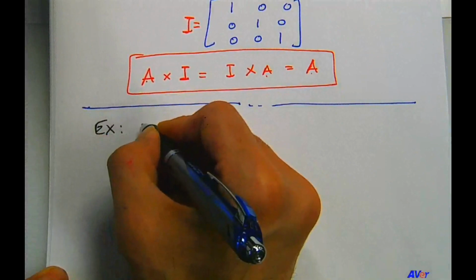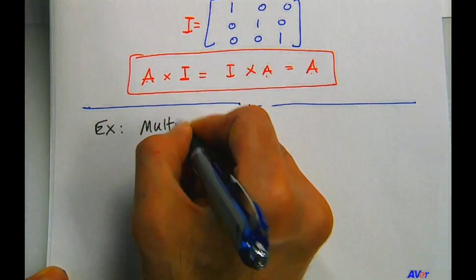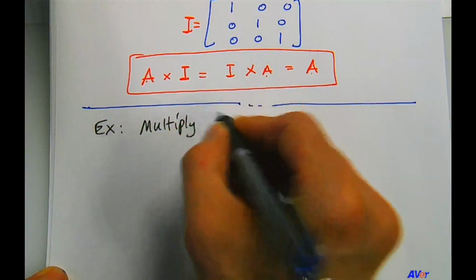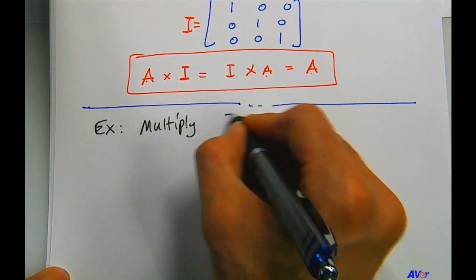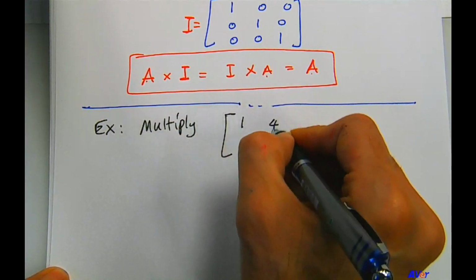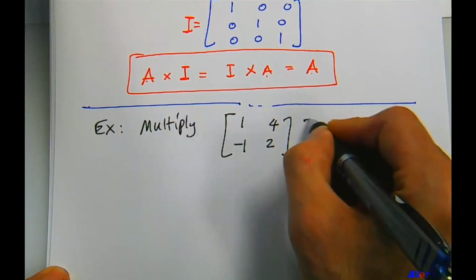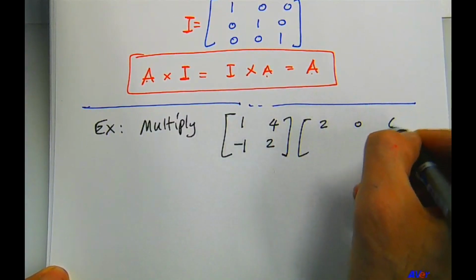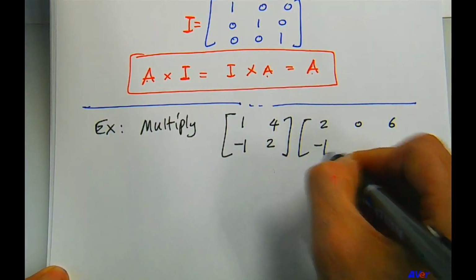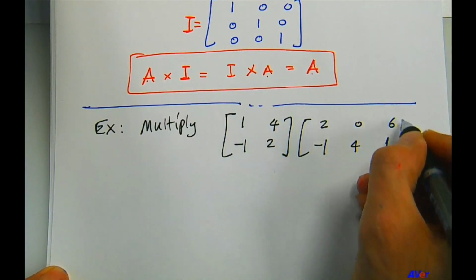So now let's actually go through a few examples. So suppose we want to multiply these 2 matrices. We have 1, 4, negative 1, 2, and 2, 0, 6, negative 1, 4, and 1.